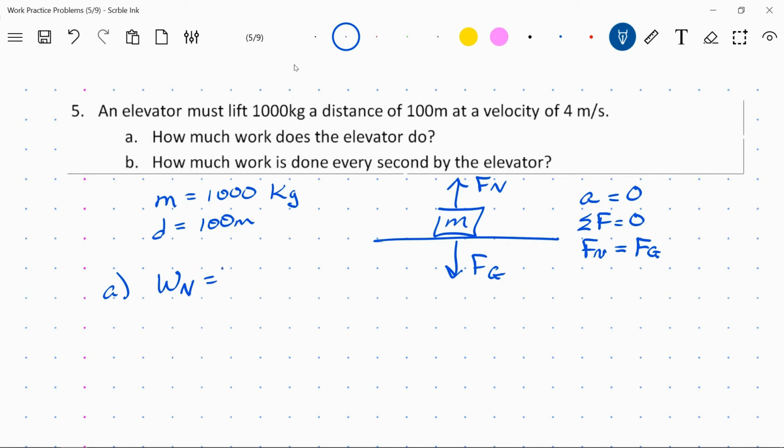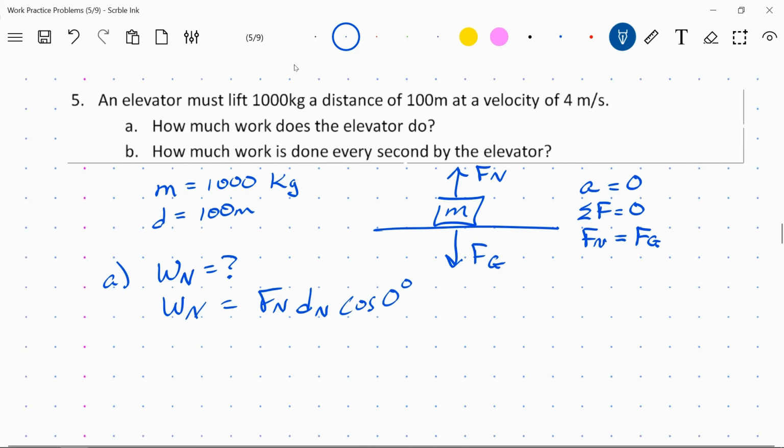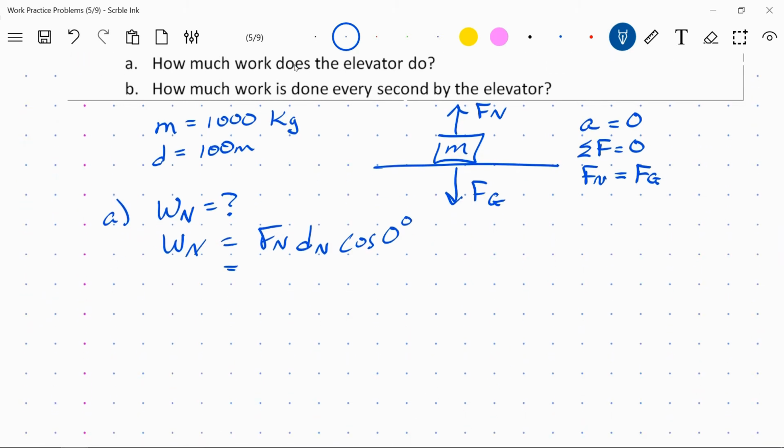So this really is the work done by the normal force. Well, the work done by any force is equal to the size of that force, the distance over which that force pushed, and since the elevator floor is very much moving, it's applying that force over a distance, times the cosine of 0 degrees, because the normal force is upwards, the motion is also upwards, so 0 degrees once again.